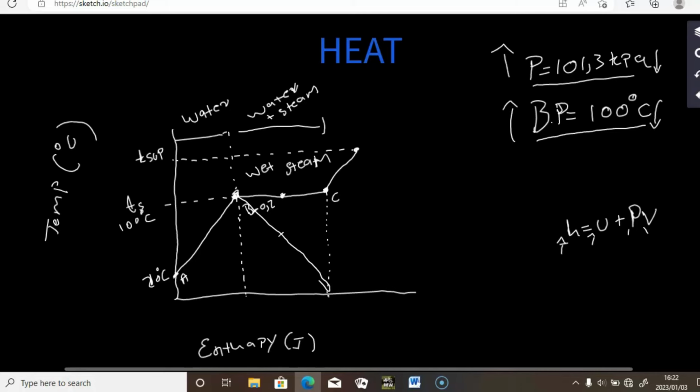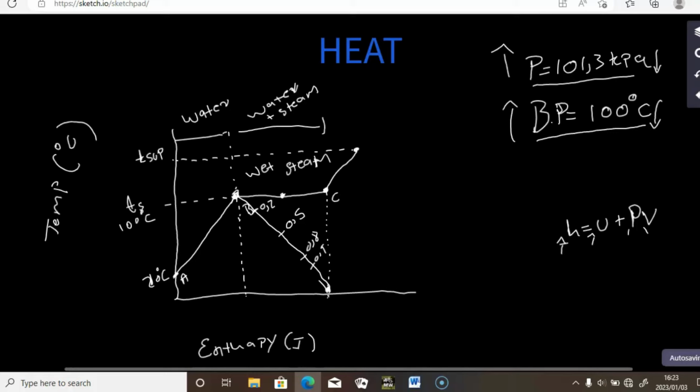If we are going to have a dryness fraction of 0.5, this is telling us that it's 50-50. 0.8, 80% of it is steam, and 0.9, 90% of it is steam. And then at this point, 100% of it is steam.